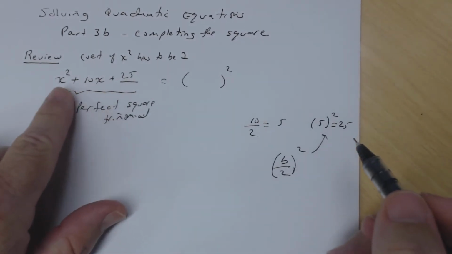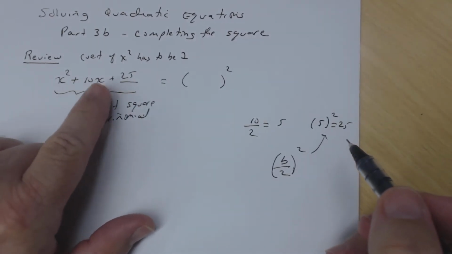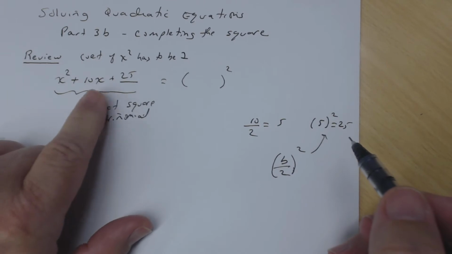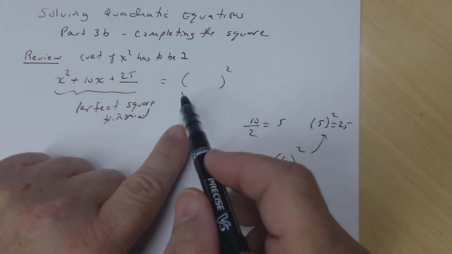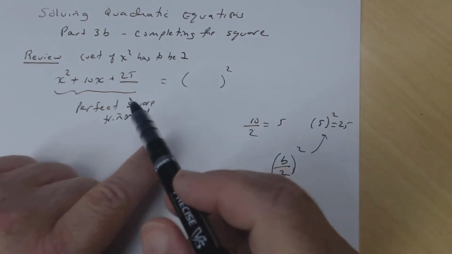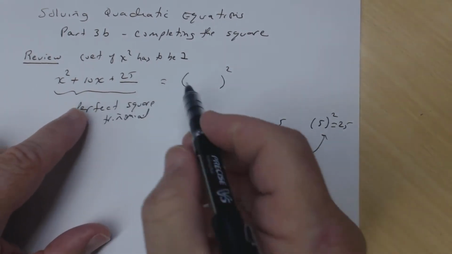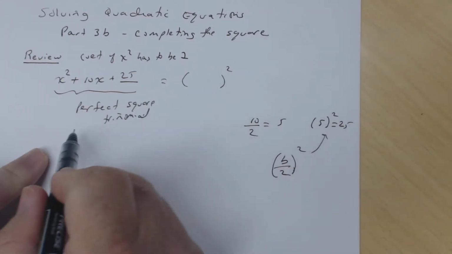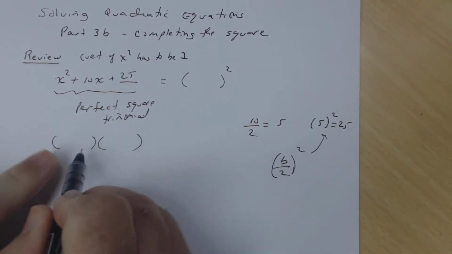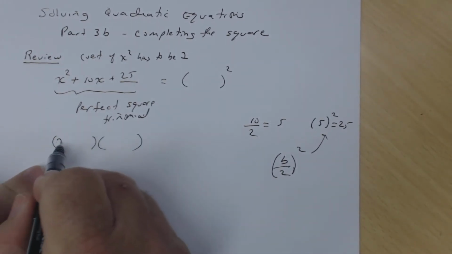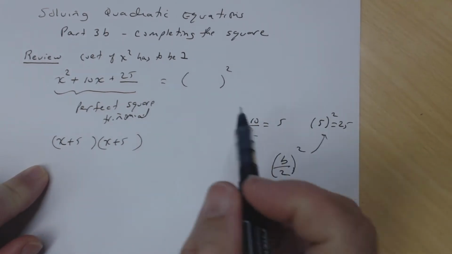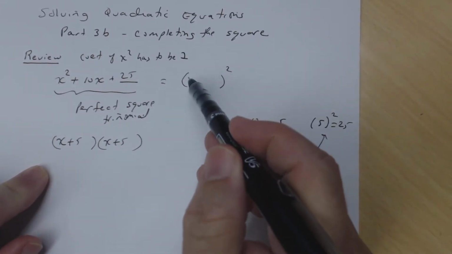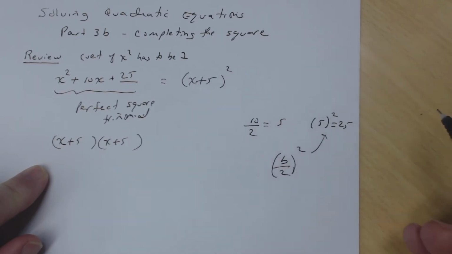Once I do that, this should now be a perfect square trinomial, which means I can write it as the square of a binomial. If you factor this, you'll notice you get the same binomials: x plus 5 times x plus 5. So this becomes x plus 5 squared.